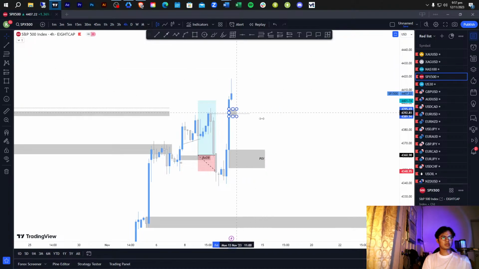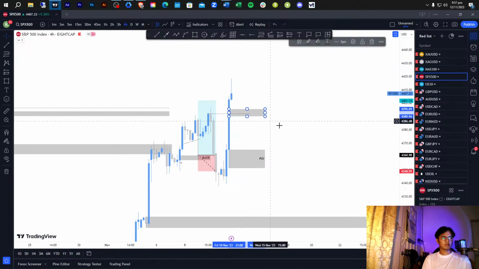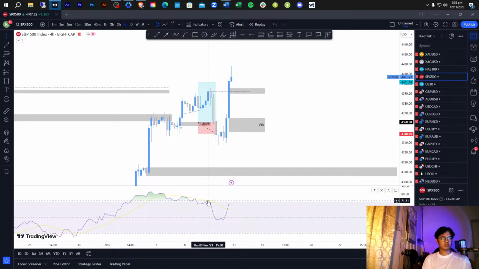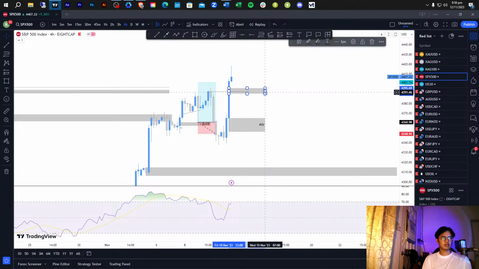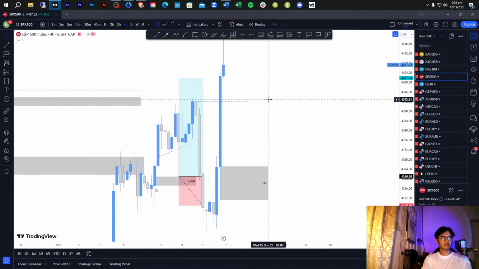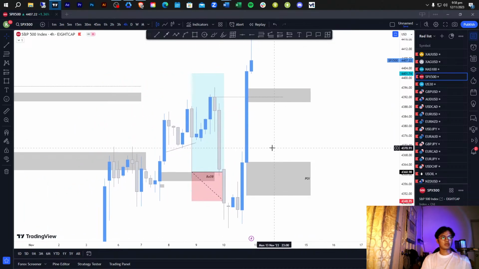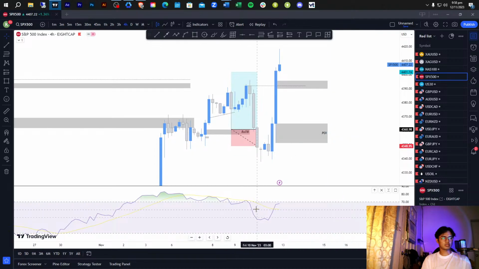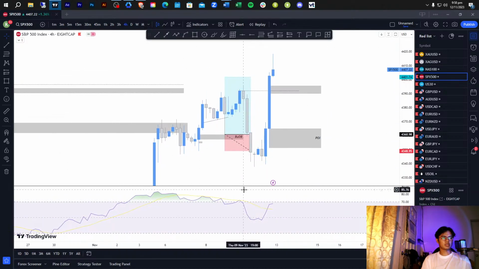So this will be the zone for us, and if the price goes down, we're gonna look for price to go in this area, because on the RSI we have a good hidden divergence.